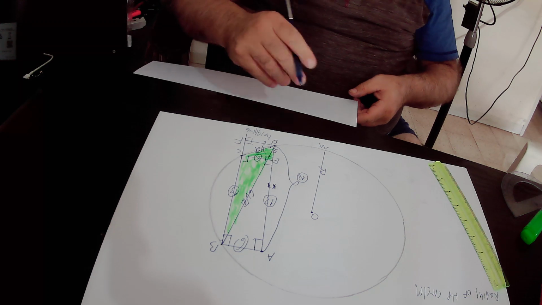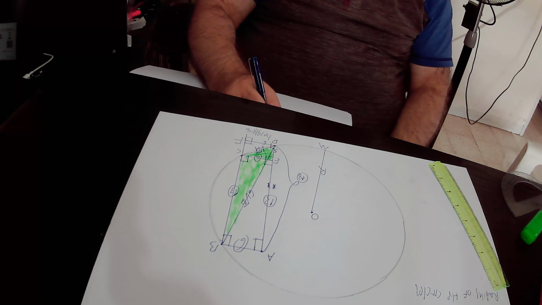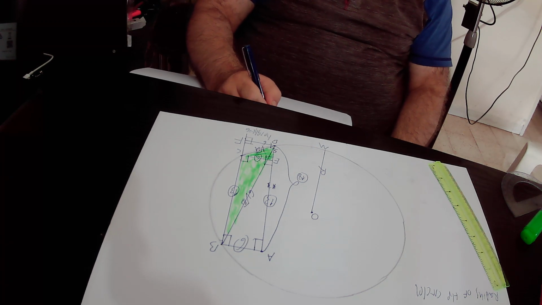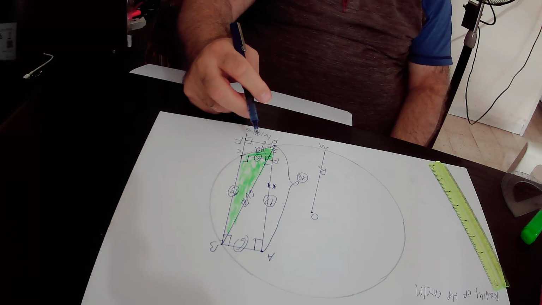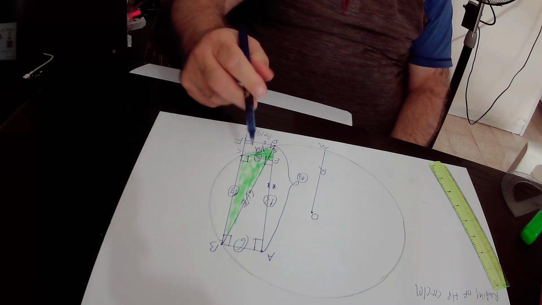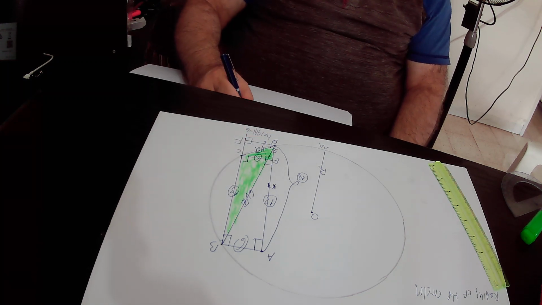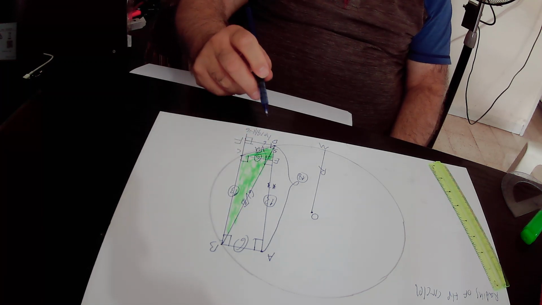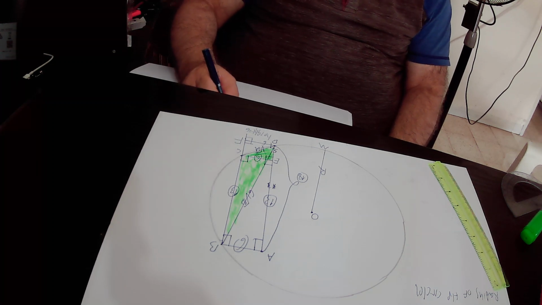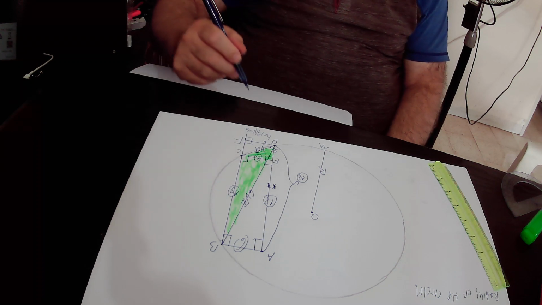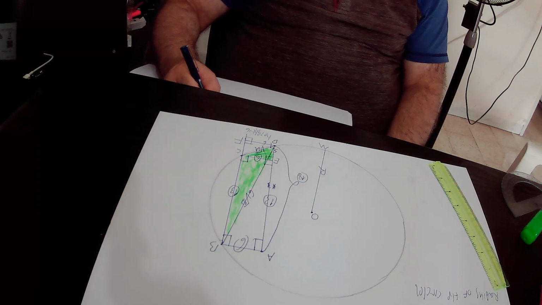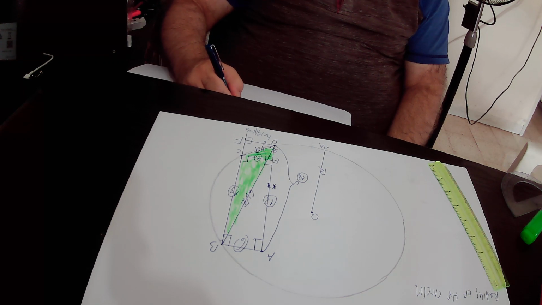So the radius of this circle, that is to say capital R, will be equal to the multiplication of the side lengths of the triangle by each other, that is to say BD times DC times BC over 4 times the area of the green triangle BDC.